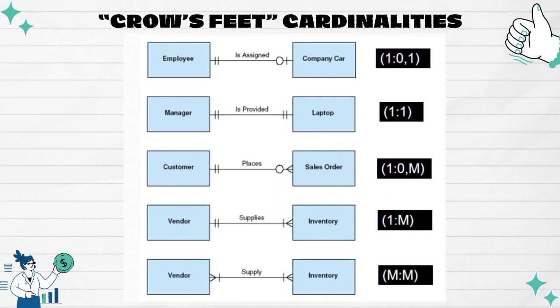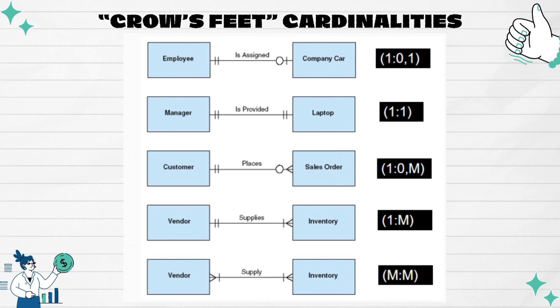Example number 3 represents the relationship between customer and sales order entities. We notice that the minimum number of sales order records per customer record is 0 and the maximum is many. This is because in any given period, such as a year or month to which the sales order entity pertains, a particular customer may have purchased nothing, or 0 sales order records, or purchased several times, or many records.